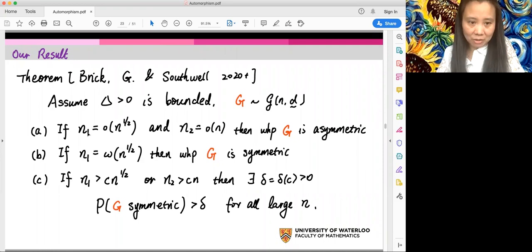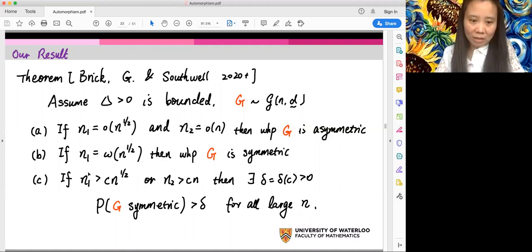What we show is if the number of vertices with degree 1 is little o of square root of n, and the number of vertices with degree 2 is little o of n, then with high probability, G is asymmetric. On the other hand, if n1 is much greater than that, then with high probability G is symmetric. So this does capture the phase transition.